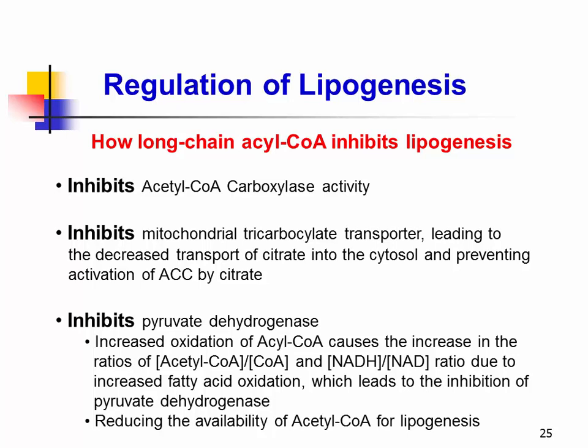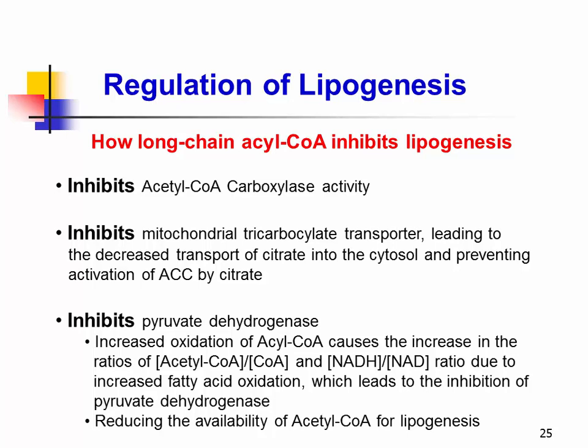If this enzyme is decreased, you have lower acetyl-CoA levels, not enough available for lipogenesis. So these are the three main mechanisms explaining how long-chain acyl-CoA inhibits lipogenesis, which again connects to the high-fat diet.